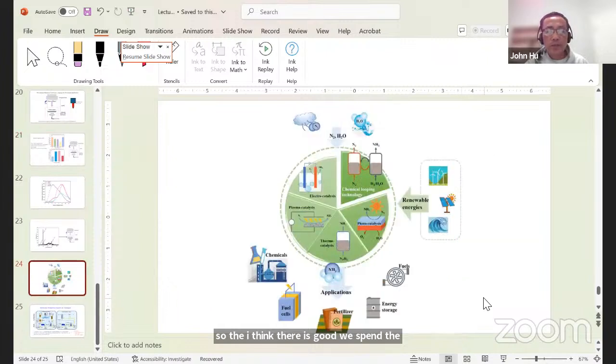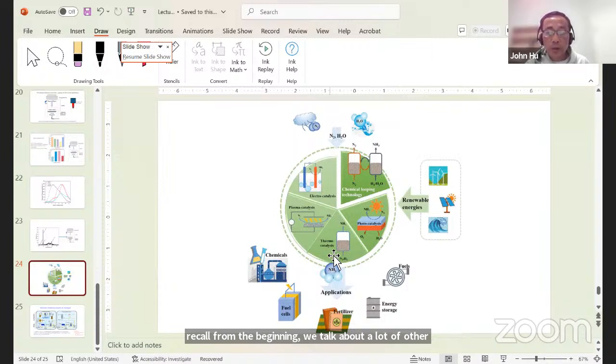So today's day 7. I think that we talk about a lot of the... Haber-Bosch is the conventional way to make ammonia. So if you recall from the beginning, we talked about a lot of different ways to make ammonia under low pressure.